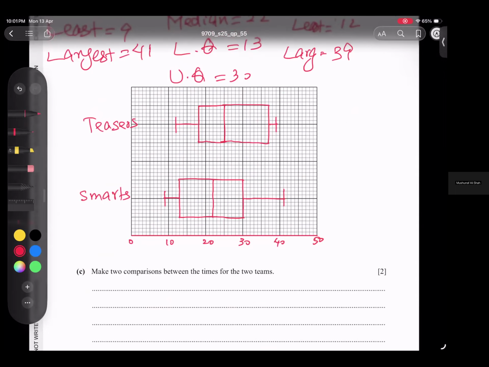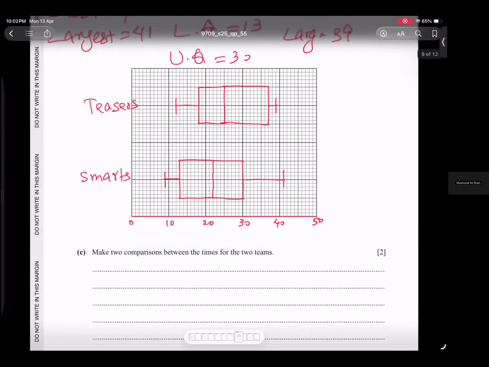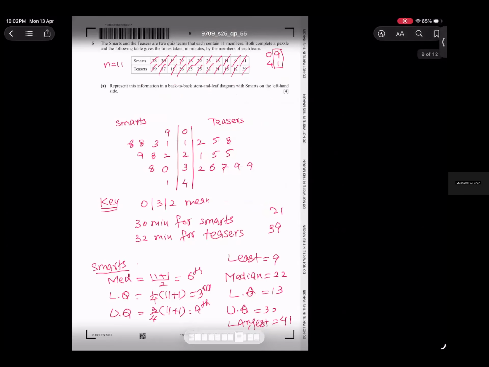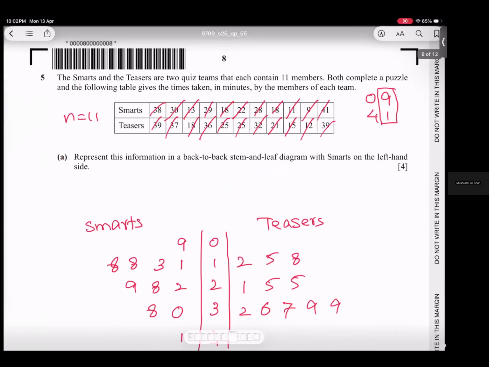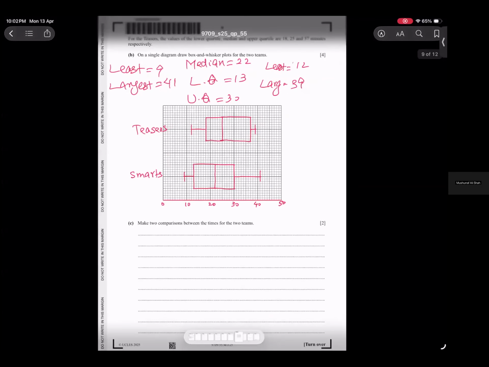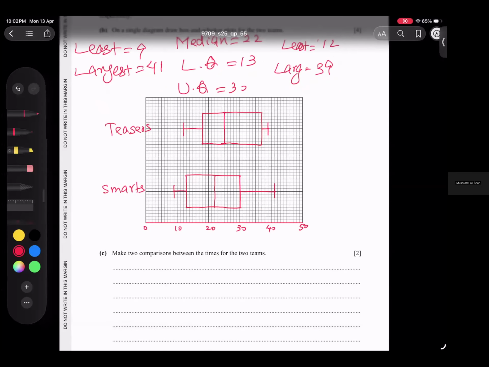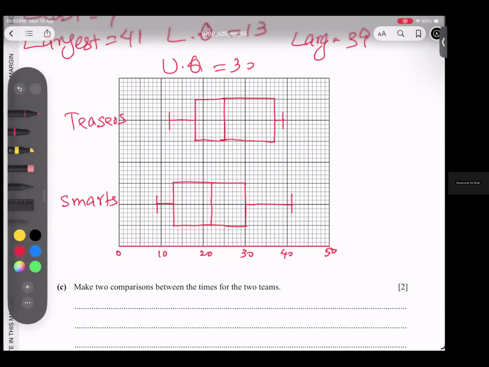So you can say that time. What if you compare back and check it? What does the top line say? Read please. Smarters and Teasers are two quiz teams. It means those who take more time are not smart. Less time is quicker. So if you look carefully, this is less time as compared to that one.